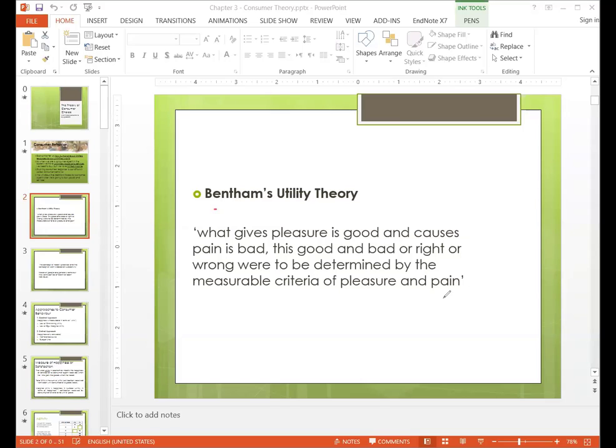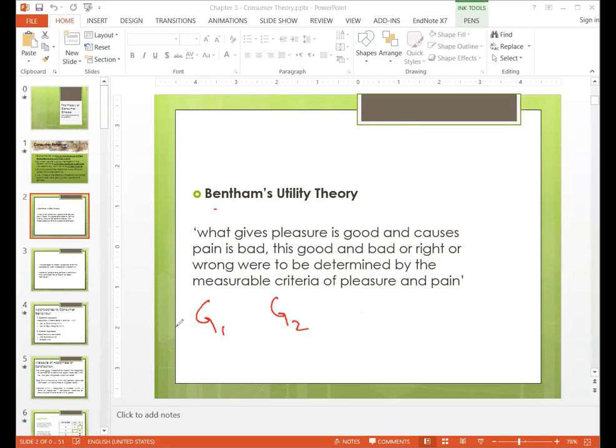So it means he says that if you're comparing two goods, G1 and G2, and G1 is giving more pleasure, meaning it has a higher happiness value, then it is more good for us. And if G2 has a lower happiness, it is not as good for us.